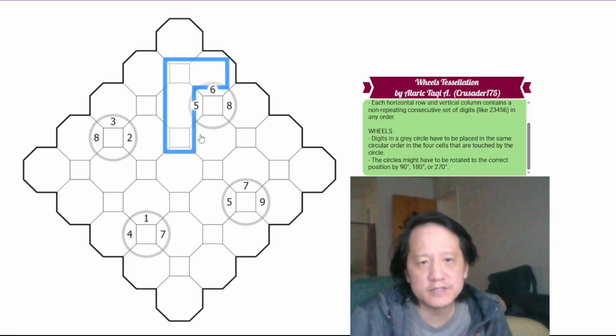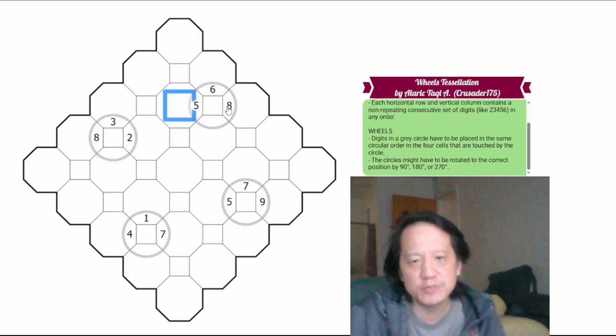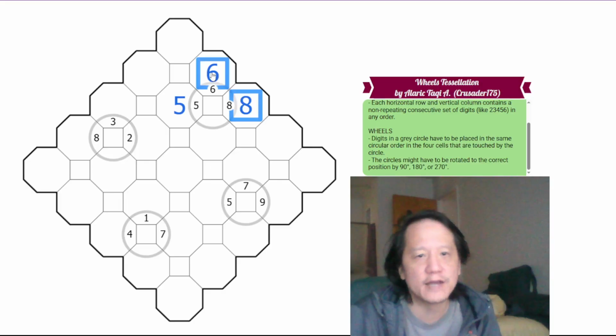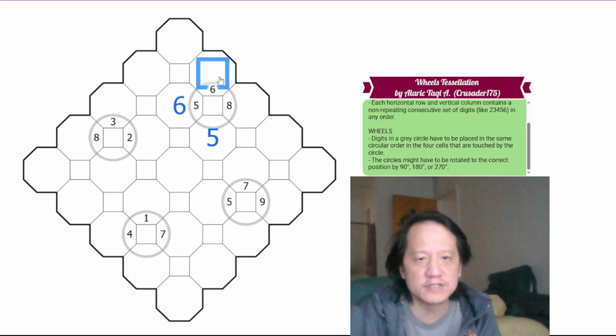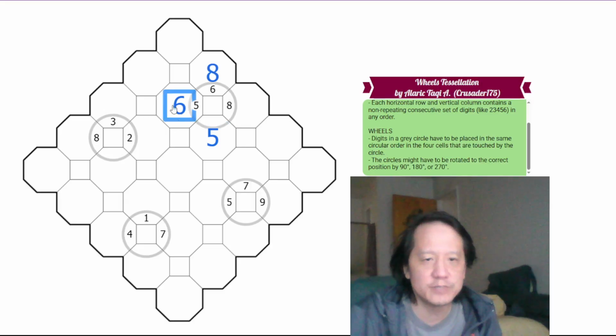So you could have something like 5, 6, and 8, and that would satisfy this wheel. Or it could be 5, 6, and 8 here. But you have to have this relationship of the 6 being clockwise from 5, and the 8 being clockwise from 6.